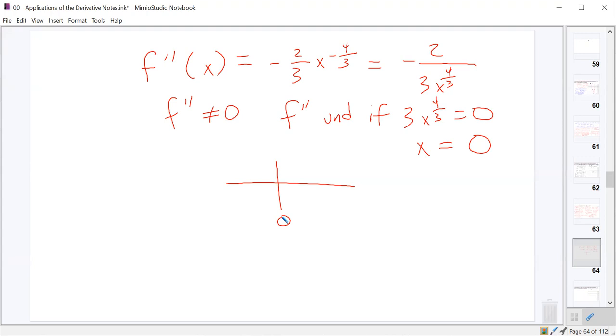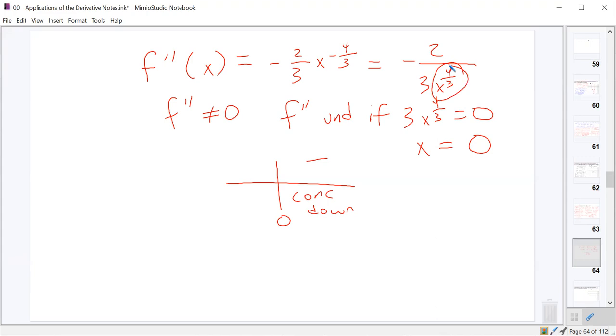So if I take a positive number and raise it to the 4/3 power, it will still be positive. And if I multiply that by 3 and then do -2 divided by that, I end up with a negative, telling me the function is concave down. And if I plug in a negative number to x to the 4/3, the cube root part of it keeps it negative.